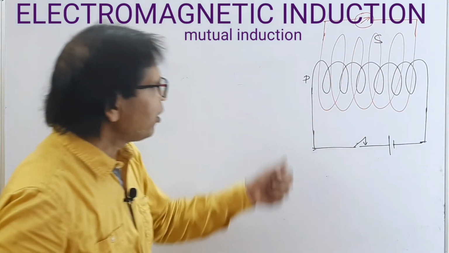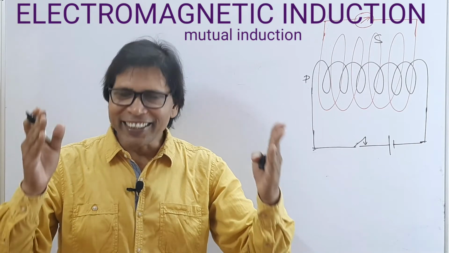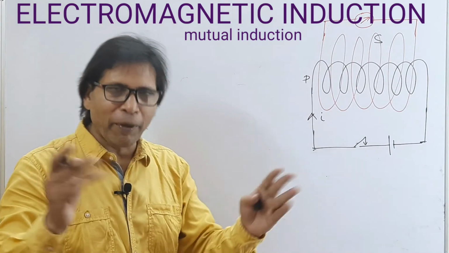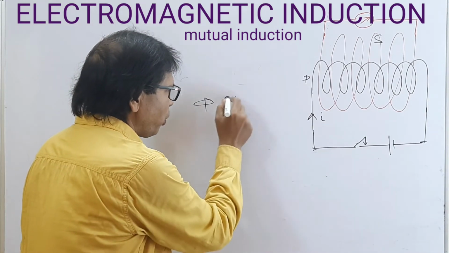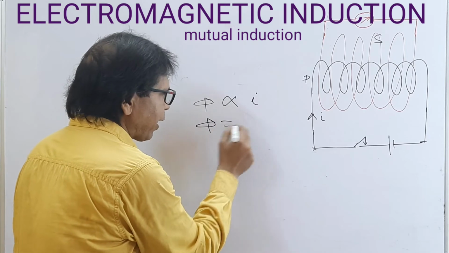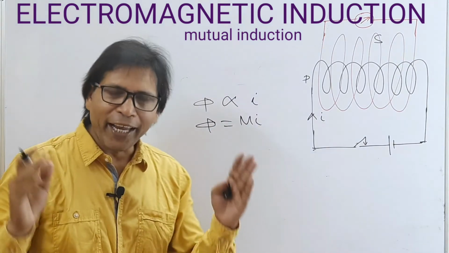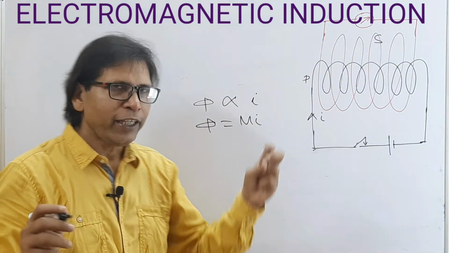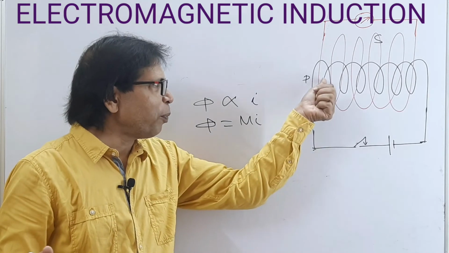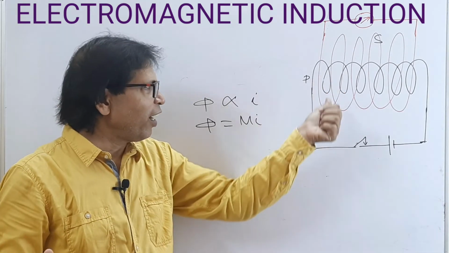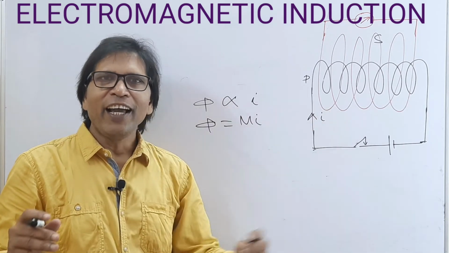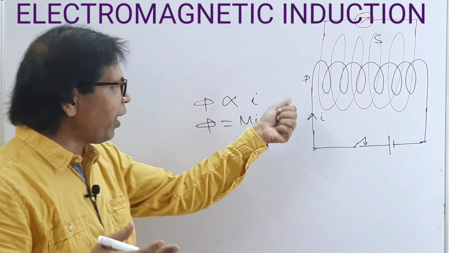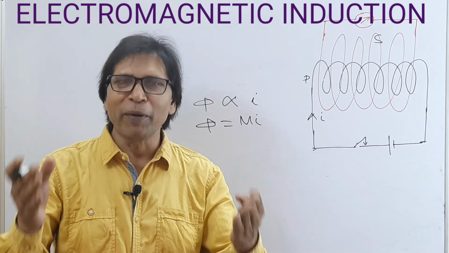The flux linked in the secondary coil due to instantaneous current I in the primary is phi proportional to I. So phi equals M into I, where M is the mutual inductance between the two coils. It depends on the number of turns in the primary coil, number of turns in the secondary coil, area of cross section of the smaller coil and material inside the primary coil.